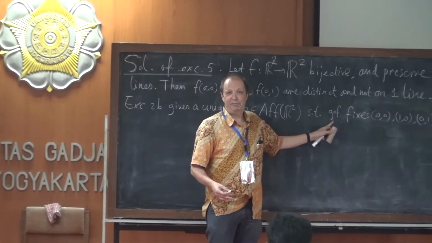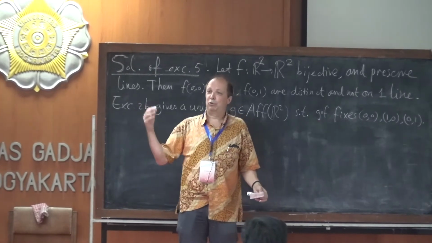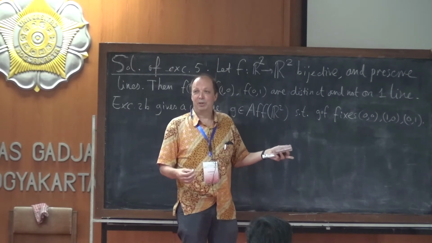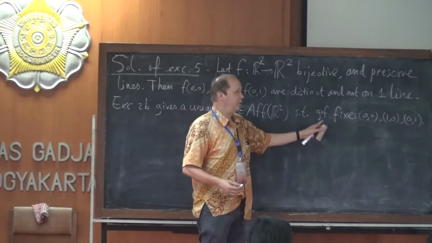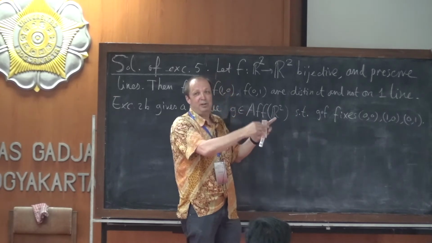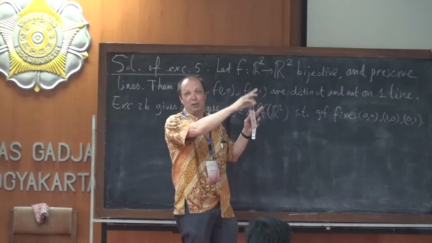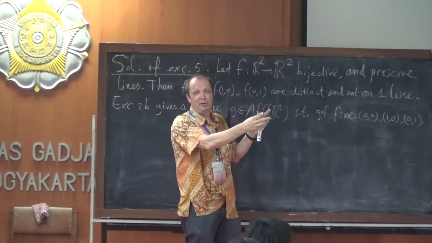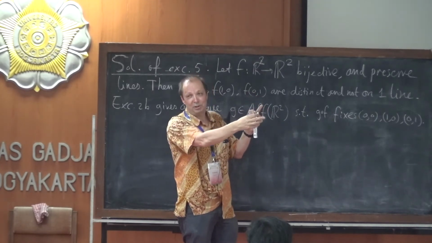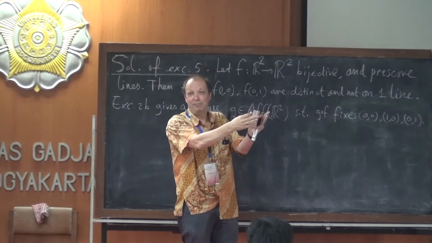So this G composed F also preserves lines. And so what we have to show, that F is an affine transformation, is equivalent to showing that this one is an affine transformation. Because if G composed F is, say, an element H in the affine group, then F is G inverse composed H, right? And that is affine.